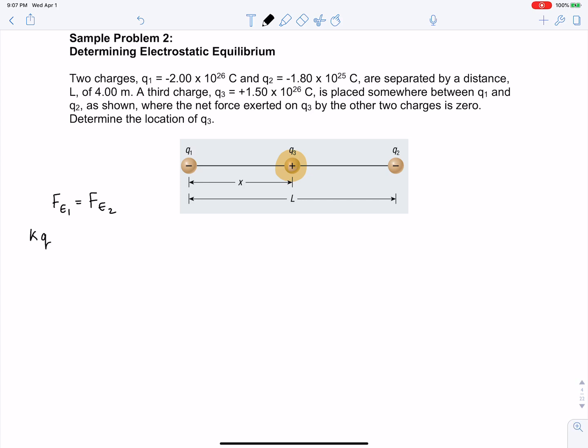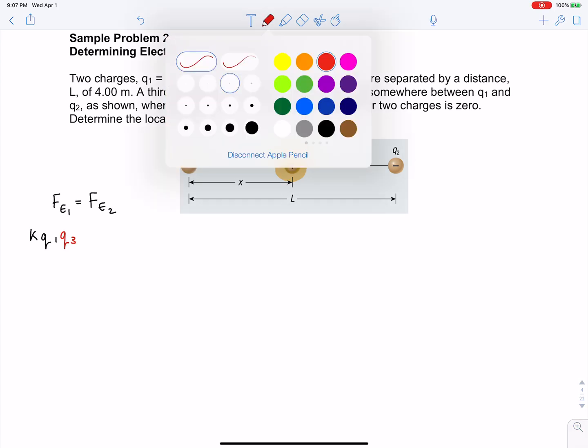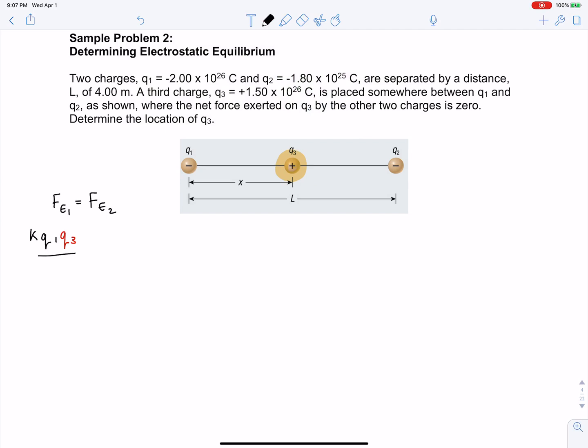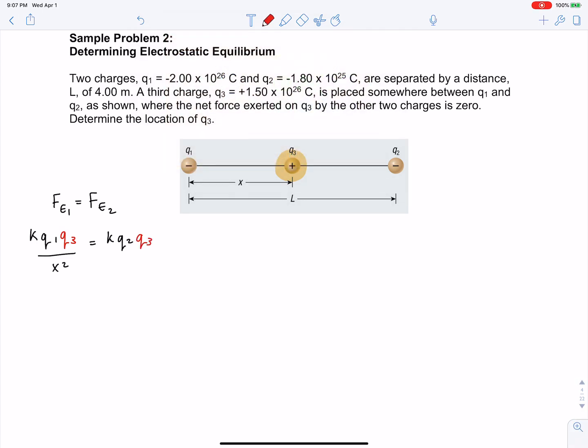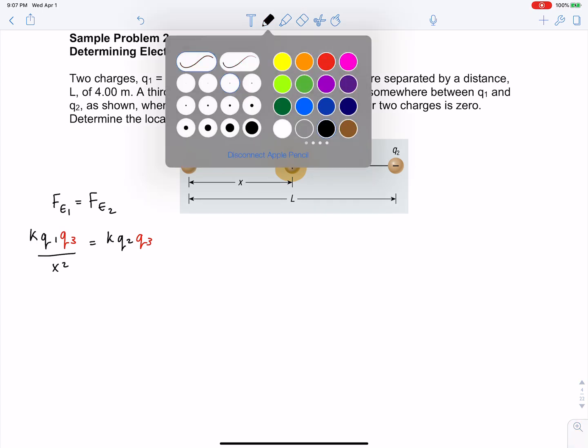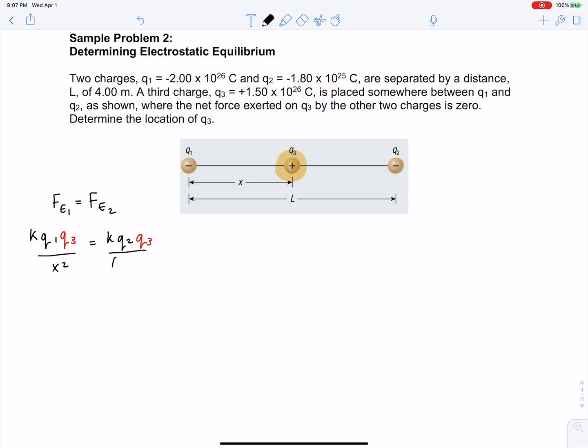We can replace this statement with F e1 equals k Q1 Q3 over, and the distance between Q1 and Q3 is x squared. F e2 is equal to k Q2 Q3 divided by L minus x squared.